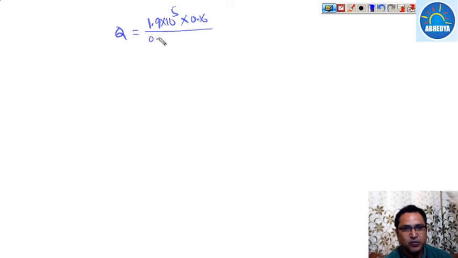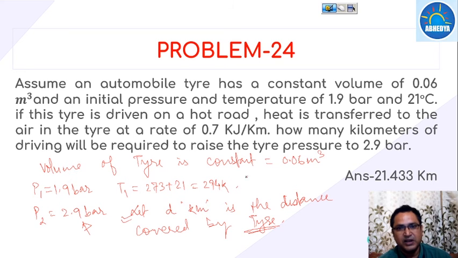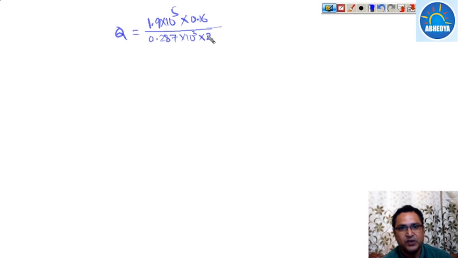What is the value of R? 0.287, that is 0.287 into 10 raised to the power 3, into T1. The initial temperature was 294. So this much is the mass, into CV, which is 0.8 into 10 raised to the power 3, into delta T, that is 448.4 minus 294.